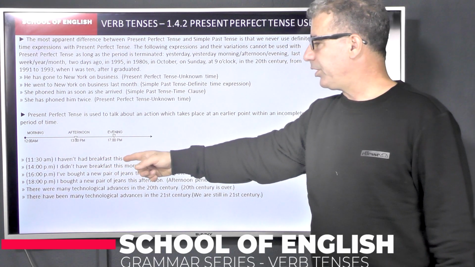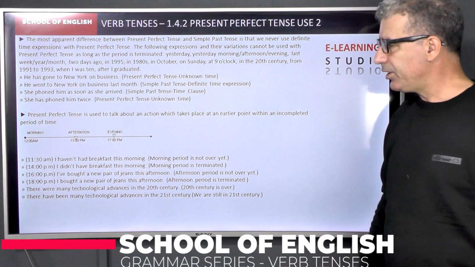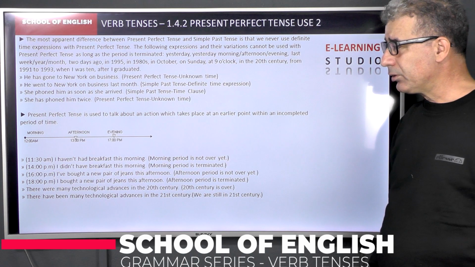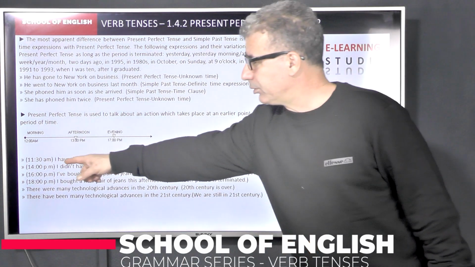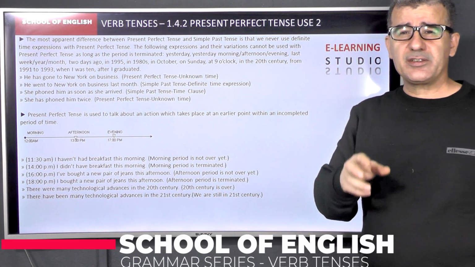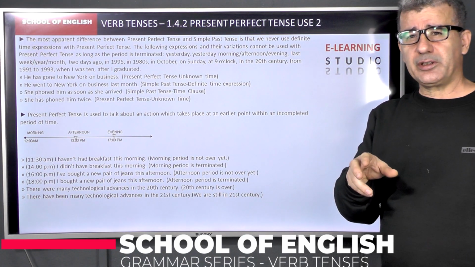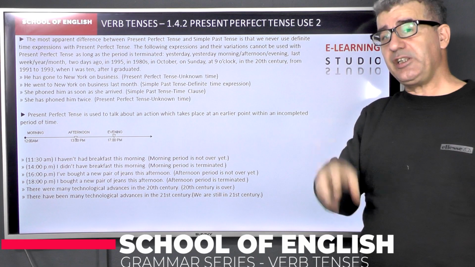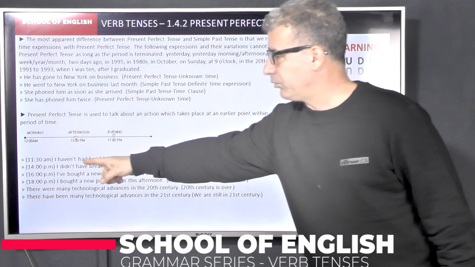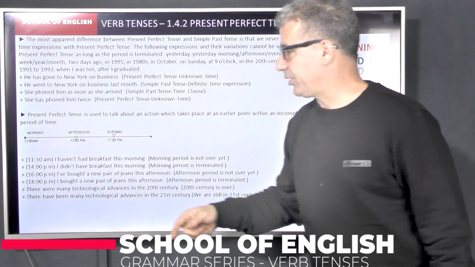I haven't had breakfast this morning. This sentence is used in present perfect tense because, what time is it? 11:30. It is still the morning period. We are within the morning period. It's not terminated. So we should use it with present perfect tense.